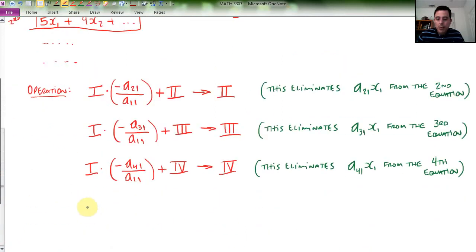So the second bunch of operations, we multiply now the second equation by the reciprocal of a22 times the opposite of a32, yes. Add that to the third equation, replacing the third equation.